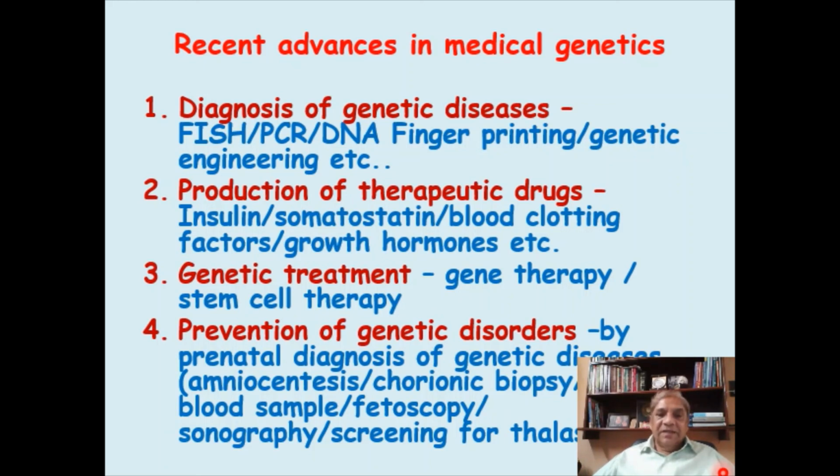Nowadays, sonography can detect many things. The progress of the pregnancy and the abnormalities in organs are very well detected by sonography. And during the pregnancy, you can screen for thalassemia, whether a person is suffering from thalassemia or not. That can be very well diagnosed.